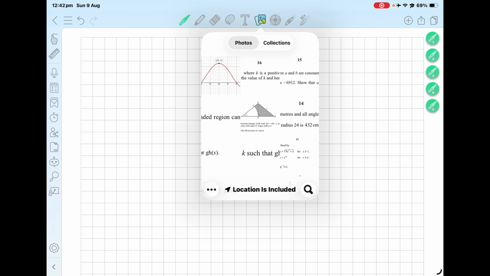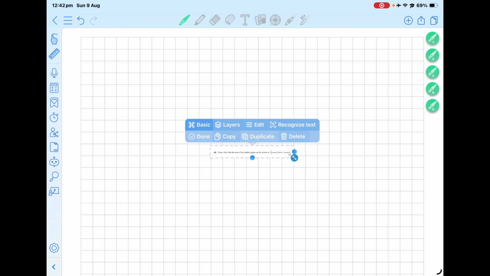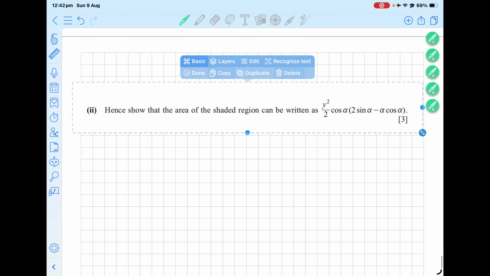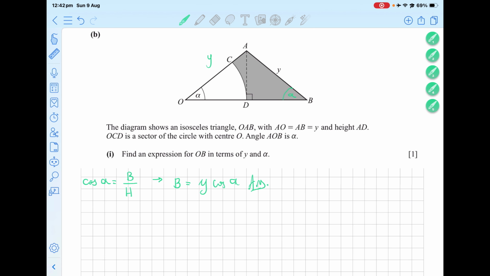Okay then. Hence show that the area of the shaded region can be written as this. So what is the area of this triangle going to be? This is y cos alpha, this is y cos alpha, and this is y cos alpha.